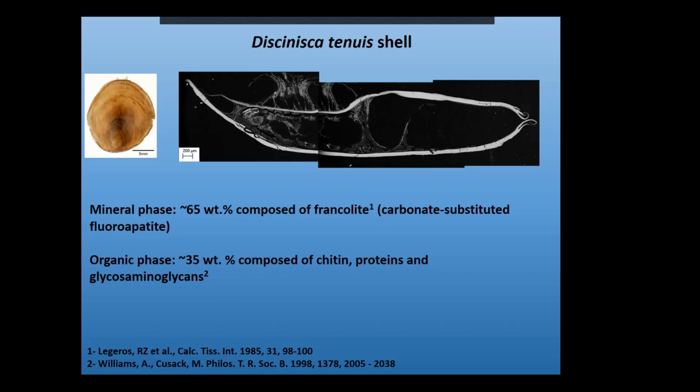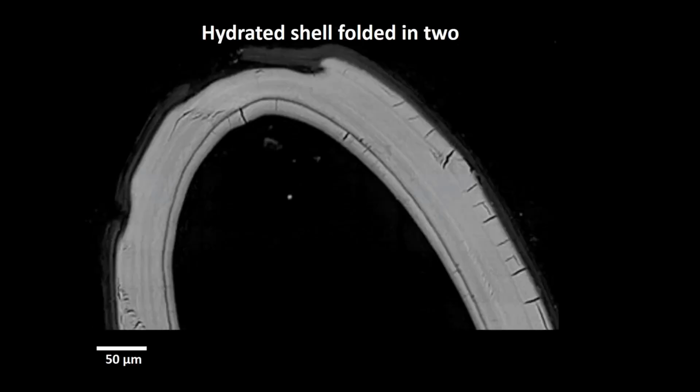And that's actually how I started investigating these. I just thought that it's quite unusual and it should be quite interesting to look at, compare it with bone and vertebrate mineralization, basically. But then it turned out that these shells have another interesting property, which is that they're quite hard when dry.